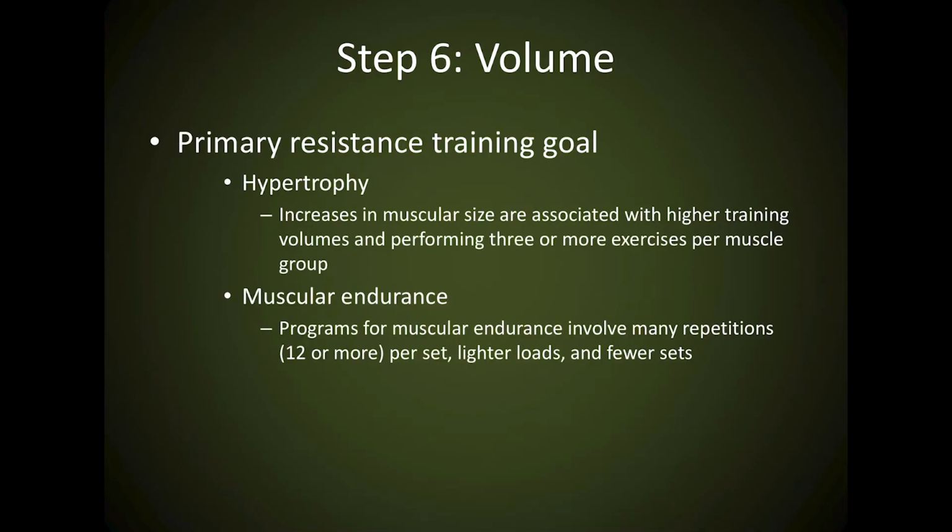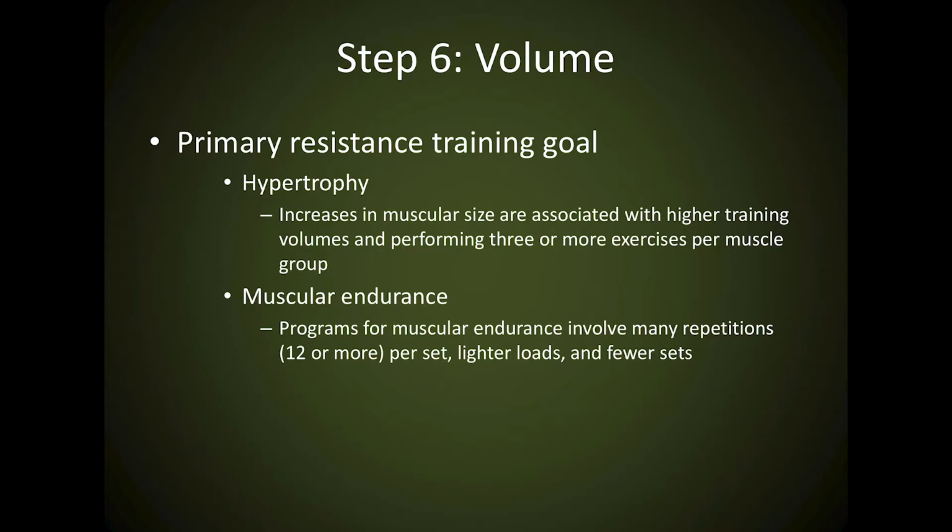So looking at hypertrophy and this training goal. Increases in muscular size are associated with higher training volumes and performing 3 or more exercises per muscle group. So you're really trying to hit the muscles from different angles, do different exercises to maximize the breakdown of the tissues and therefore the protein remodeling and increasing the muscle mass.